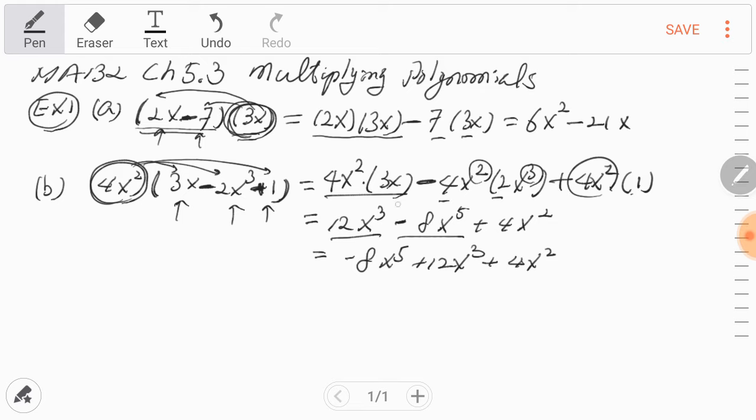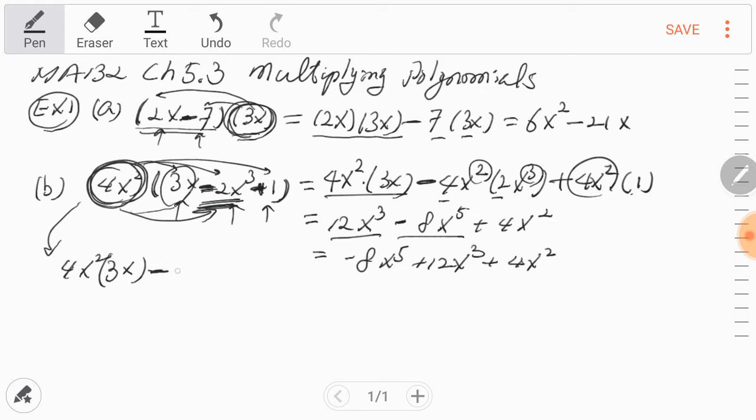Or, you can do it this way. Multiply 4x squared by 3x. And then multiply the whole term, including the negative sign. Once we multiply these, the sign will be negative, right?